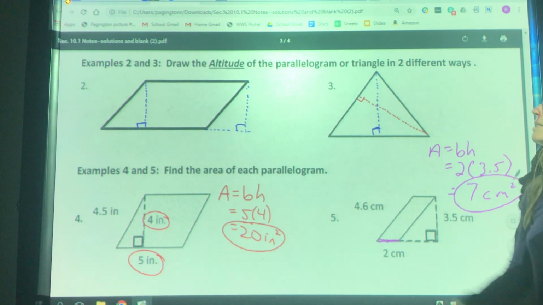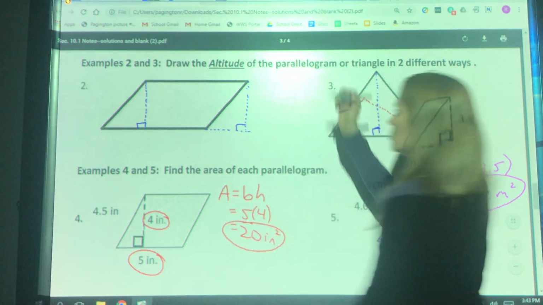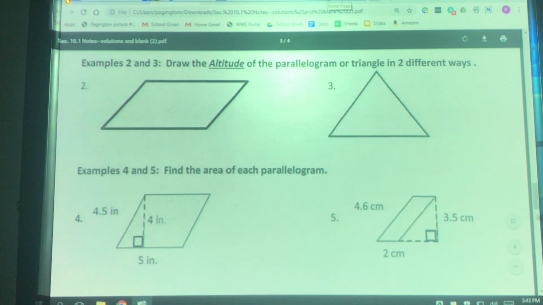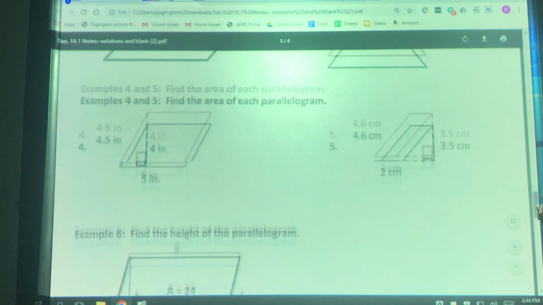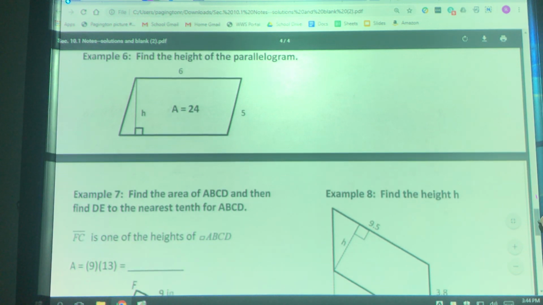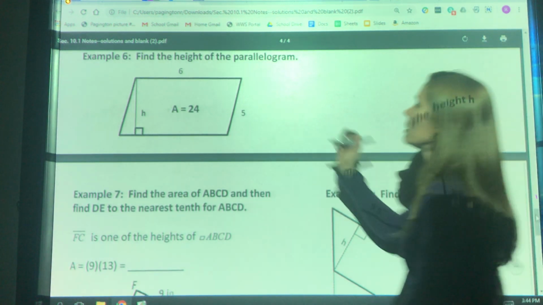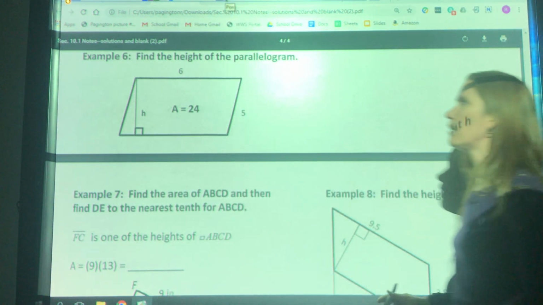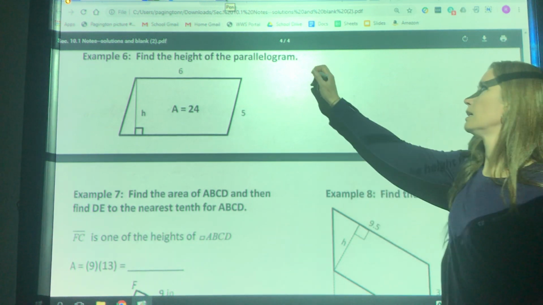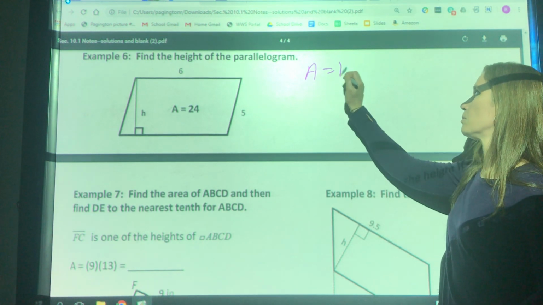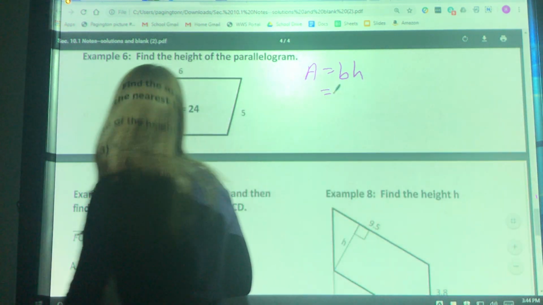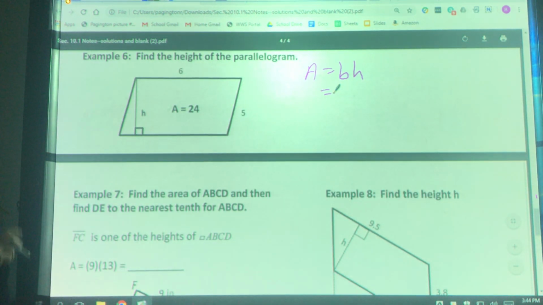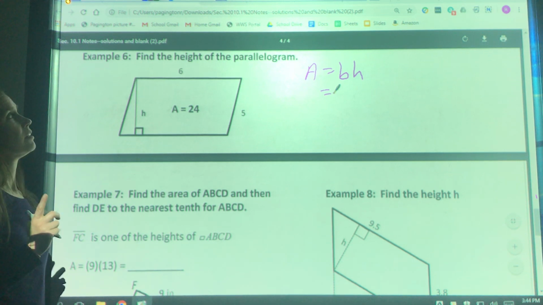All right, so let's go ahead and keep moving to example 6. Okay, so on this one, it is asking me to find the height of the parallelogram. So again, I'm using my same formula, area is equal to base times height. In this case, I can see that they changed the question on me here.